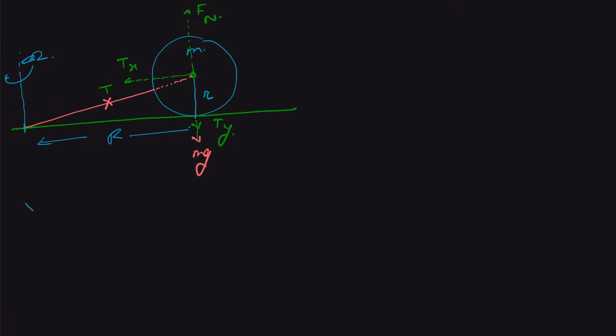In the vertical equation, we have our F of n minus T of y minus mg, and in the vertical direction there is no motion, so we can directly equate it to 0 because there is no such motion in the vertical direction.